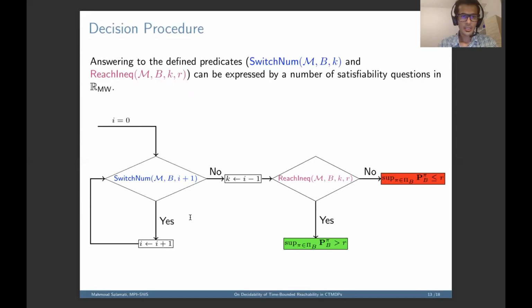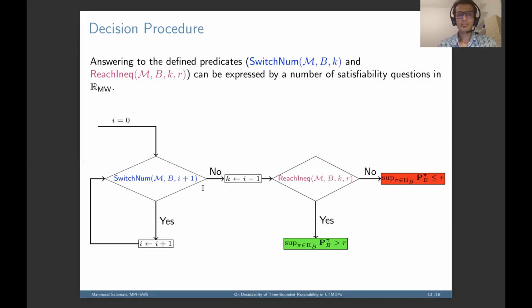So here, in the left loop, we are trying to compute the maximum number of switches of the optimal policy. And to that end, we inductively increase the number of switches, and we ask, by evaluating this predicate, whether the optimal policy has one more switch or not.